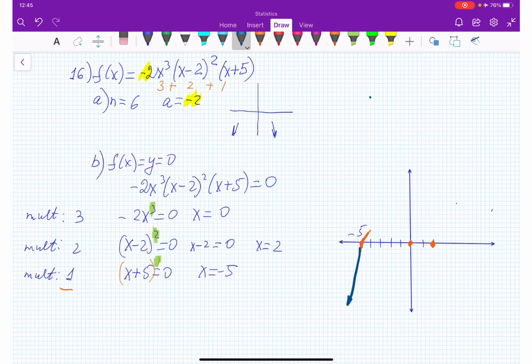At the point of 2, we have multiplicity 2, which is going to curve, and it's going to turn down because my end behavior is down, right? Now let's understand, at the point of 0, multiplicity is 3, right?